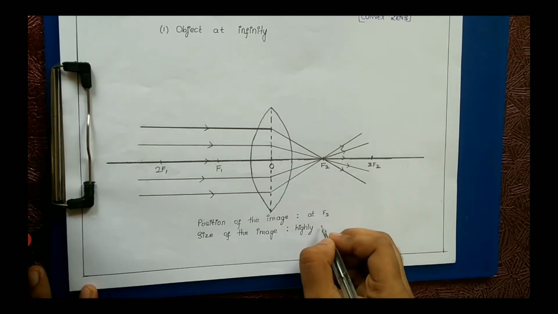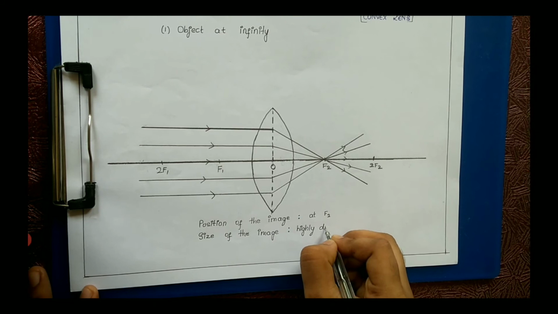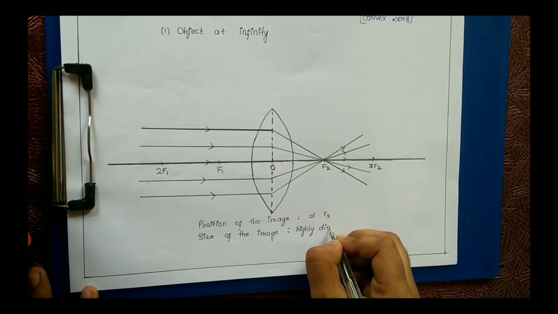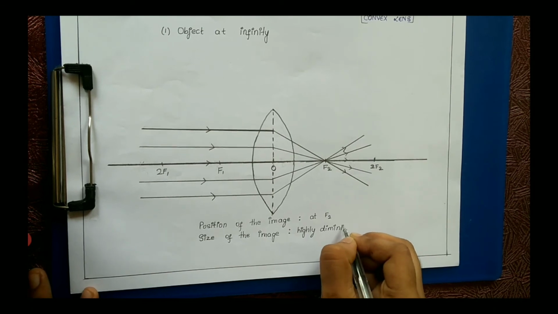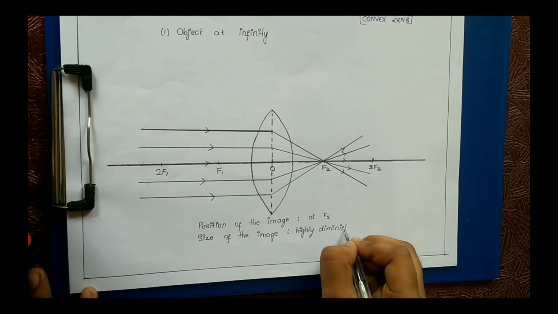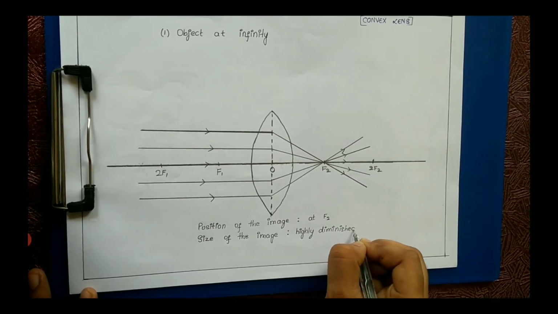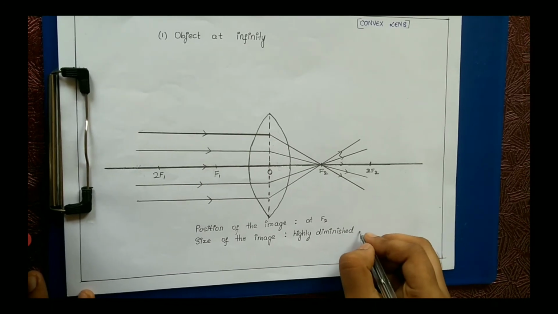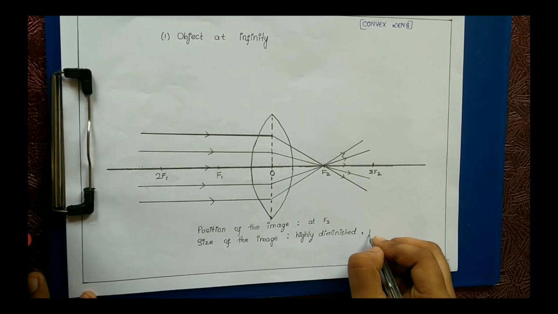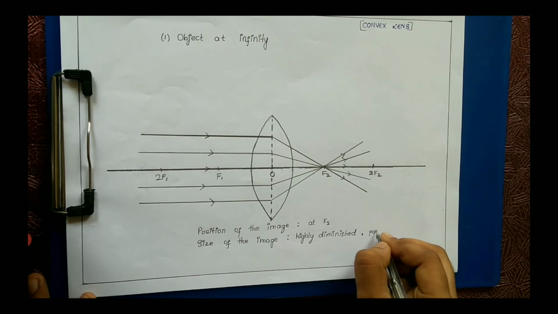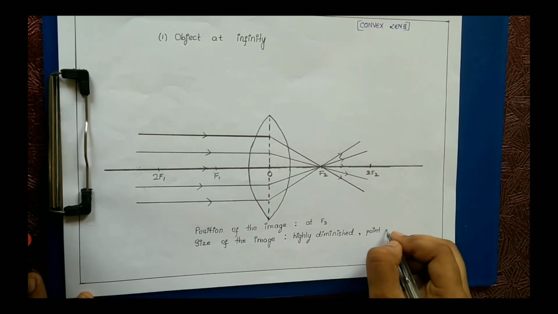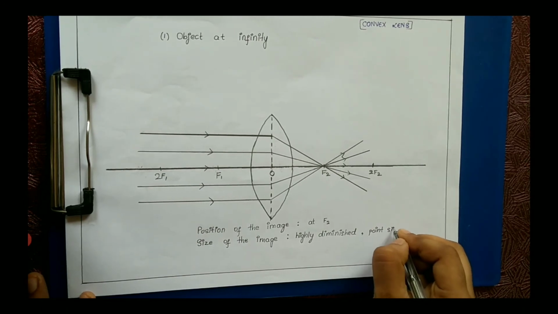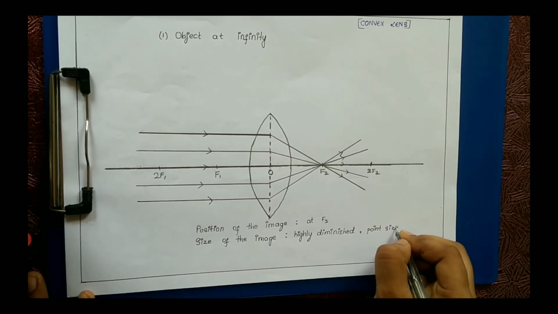You will get the image at the principal focus, that is at F2. And what is the size of the image? The size of the image is highly diminished. So when the object is at infinity, you will get the image at F2, the principal focus. And what is the size of the image? That is a point-sized image. Highly diminished means point-sized image.